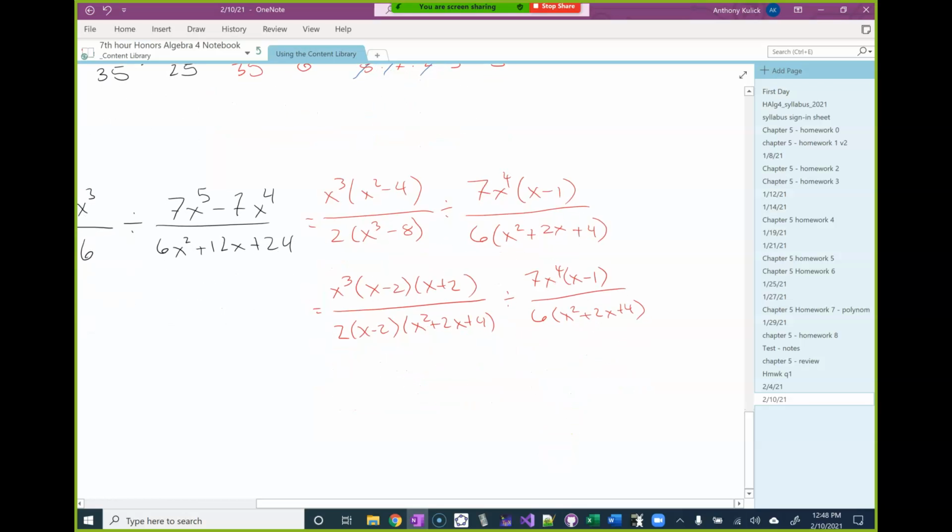So here it's fully factored. Now I'm going to do the flip. When we get to the end here, I'll go back and show you what previous step written down is going to be helpful.